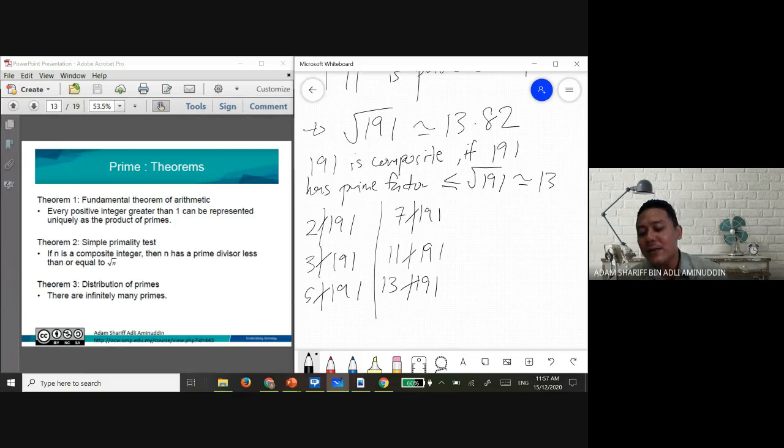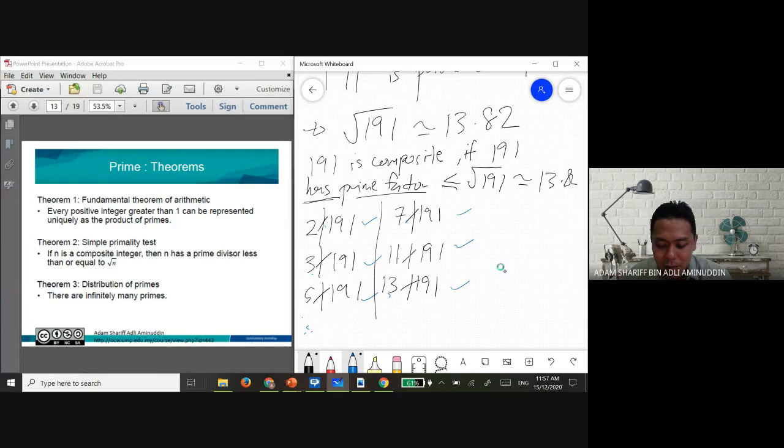Okay, I don't need to check beyond 13.82. Okay, no need anymore. Because it says if 191 is composite, then it must have a prime factor. But based on our testing with 2, 3, 5, 7, 11, 13, enough, it does not have a prime factor.